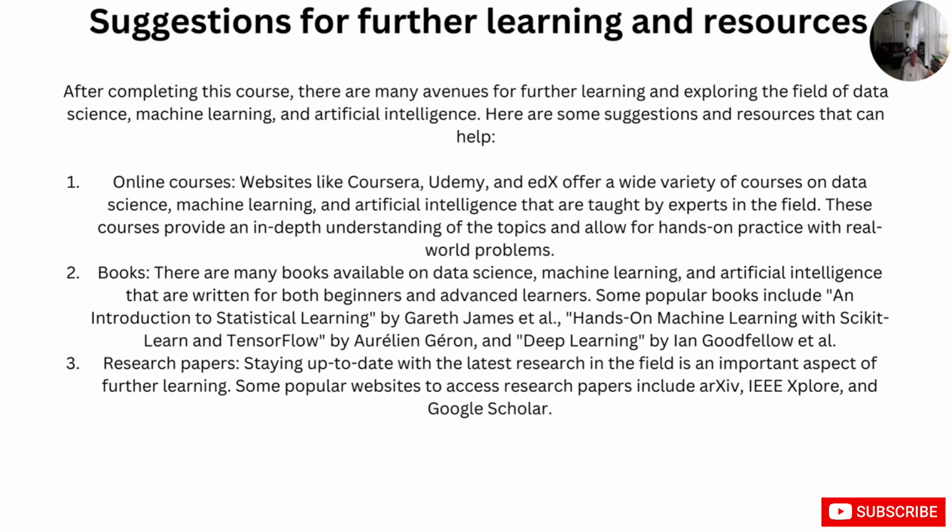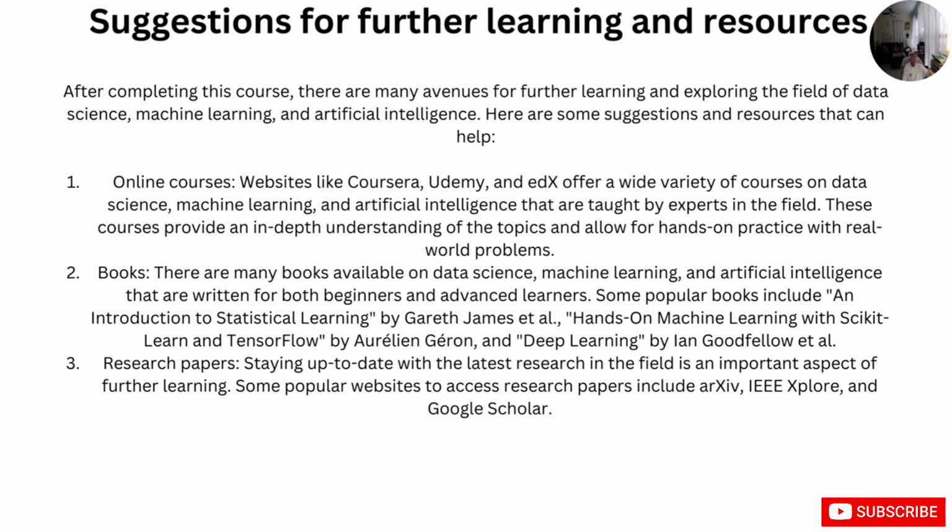Number 2, books. There are many books available on data science, machine learning, and artificial intelligence that are written for both beginners and advanced learners. Some popular books include An Introduction to Statistical Learning by Gareth James, Hands-On Machine Learning with Scikit-Learn and TensorFlow by Aurélien Géron, and Deep Learning by Ian Goodfellow.